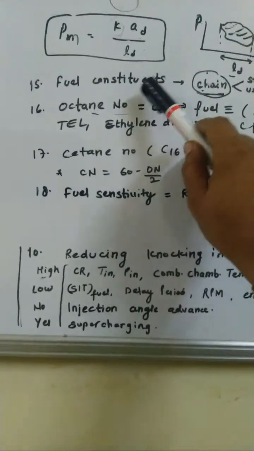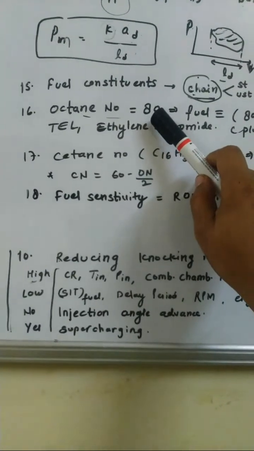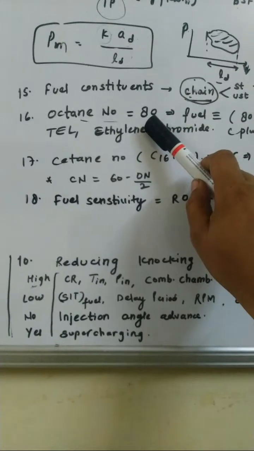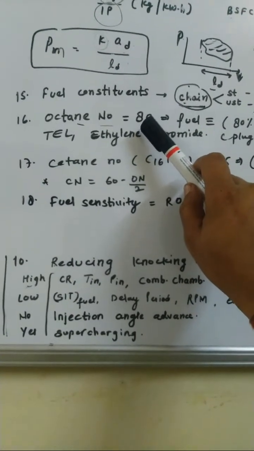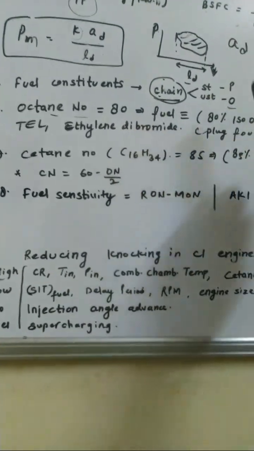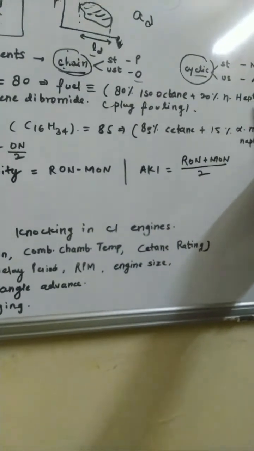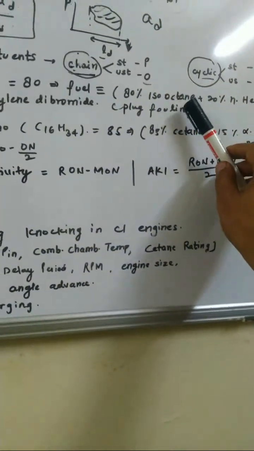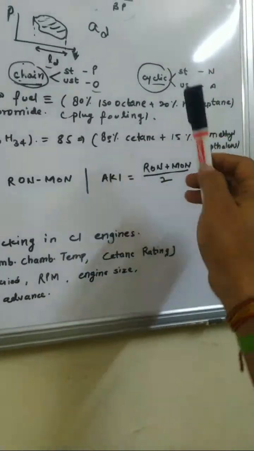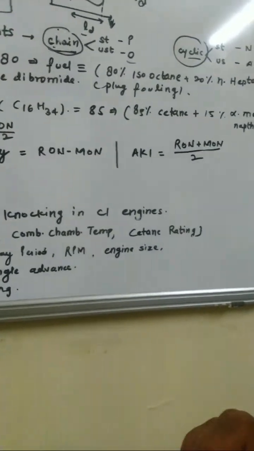So what is the significance of this number? The significance is that the fuel we are using is equivalent to a fuel which is a mixture of isooctane and N-heptane, and in this mixture the isooctane is 80% and N-heptane is 20%.